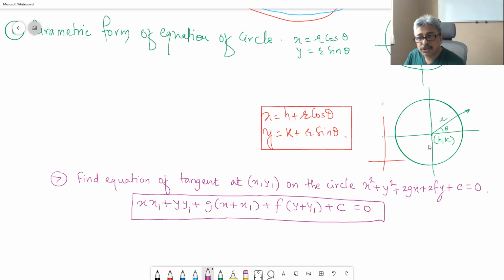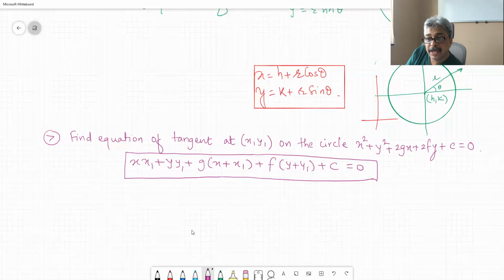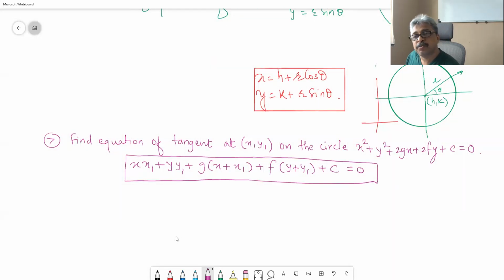And we are actually supposed to find it out by a couple of methods. I am sure you must have found it using the special property of circle, that the tangent is perpendicular to the radius segment at that point, which is good. That is why circle is good.